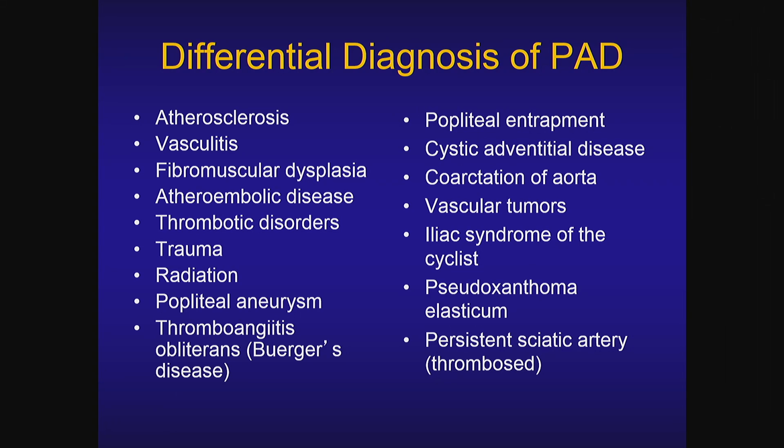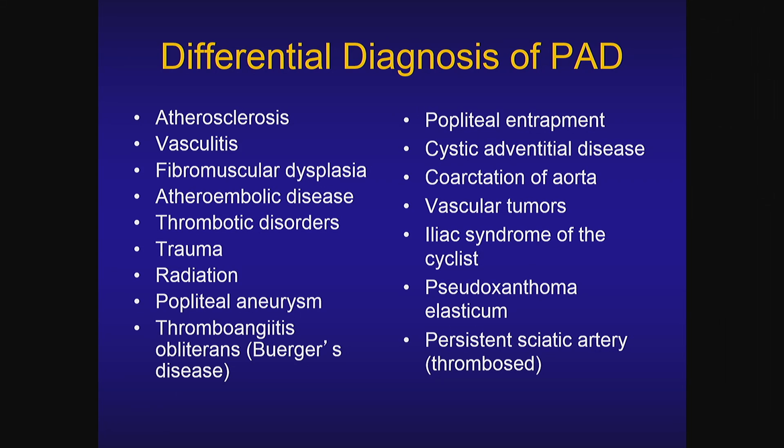Fibromuscular dysplasia, most commonly affecting the renal and carotid or vertebral arteries, has been described to involve lower extremity arteries as well, though it is quite rare. Atheroembolic disease, thrombotic disorders, which can lead to acute limb ischemia, trauma, and radiation injury are also encountered not uncommonly in clinical practice. Popliteal artery aneurysm, when it thromboses, can lead to acute limb ischemia with a rather dramatic presentation.